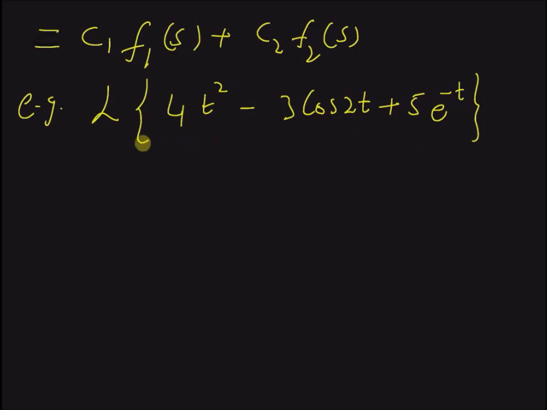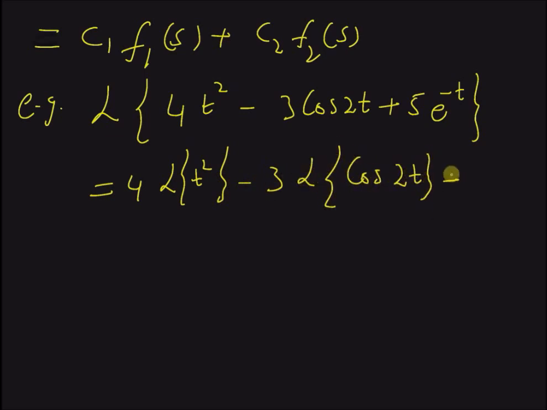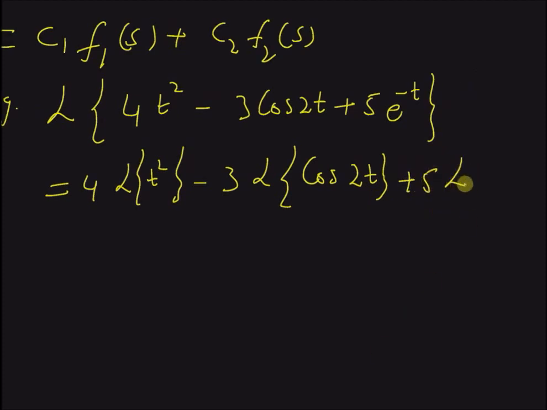So, let us look at the Laplace transform of the linear combination of these 3 functions, which is equal to 4 times the Laplace transform of t square minus 3 times the Laplace transform of cos 2t plus 5 times the Laplace transform of e power minus t.